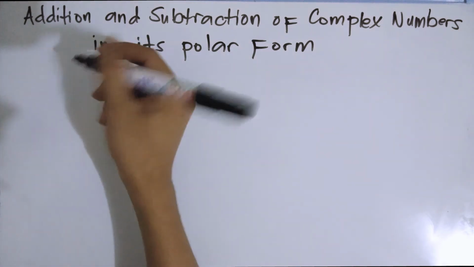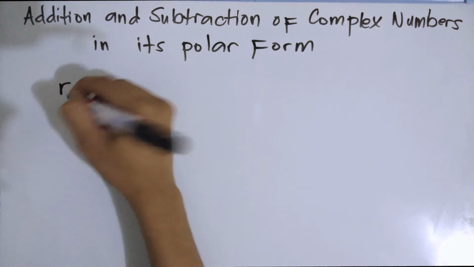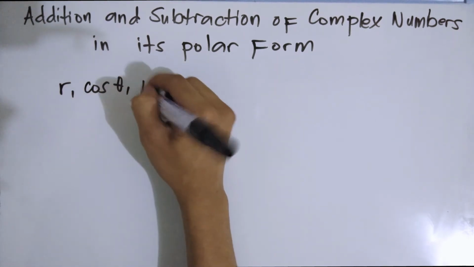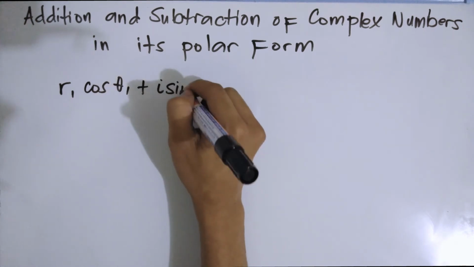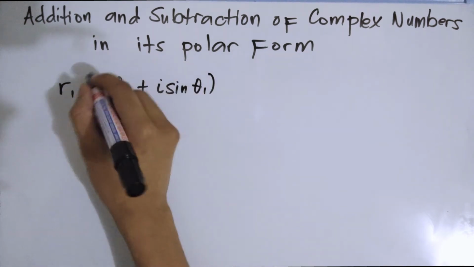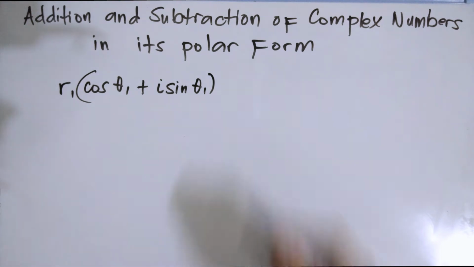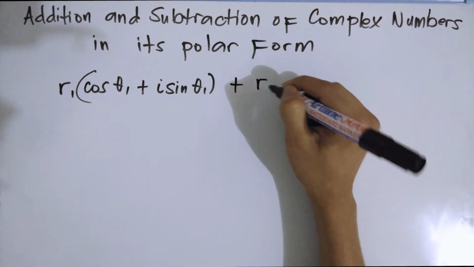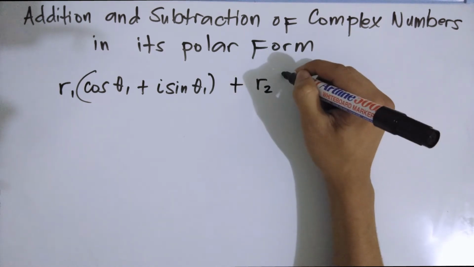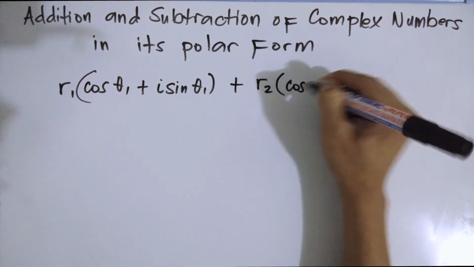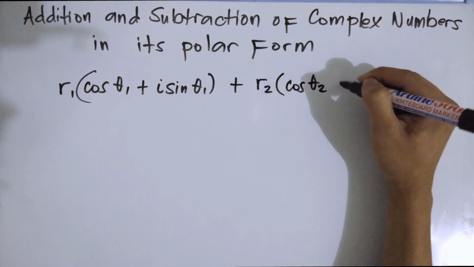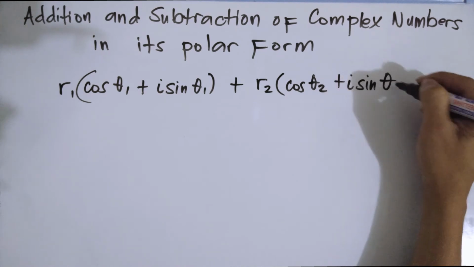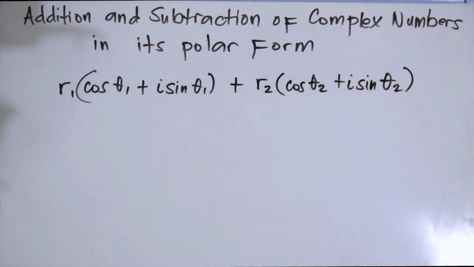polar form. So let's say we have r sub 1 cosine of theta 1 plus i sine of theta 1 for the first complex number, and we will add that to a second complex number in its polar form, r sub 2 times cosine of theta 2 plus i sine of theta 2.